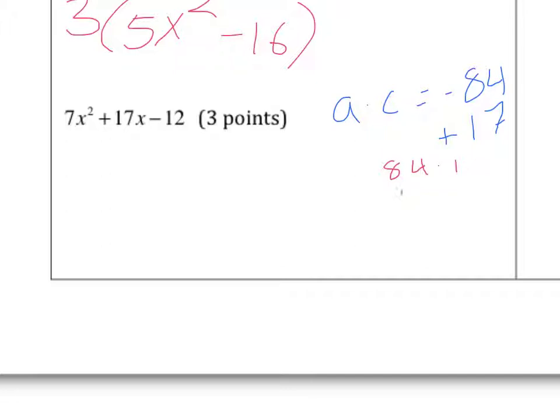I've got 42 times 2. And those are negative 1 and negative 2. I've got 21 times negative 3. Except that's not negative 3, that's negative 4. And there we have a winner. I'm going to make that 4 a little bit nicer looking.